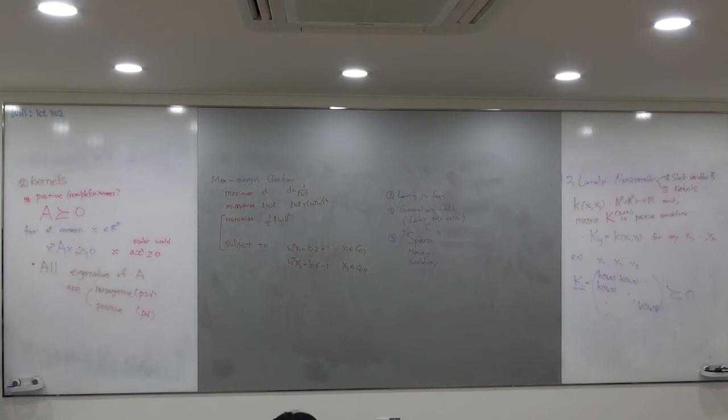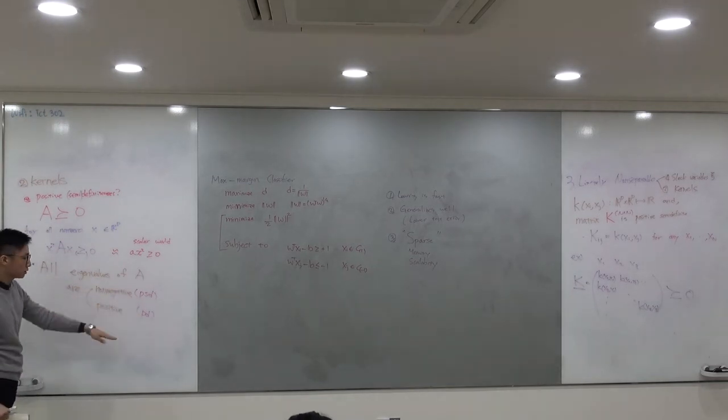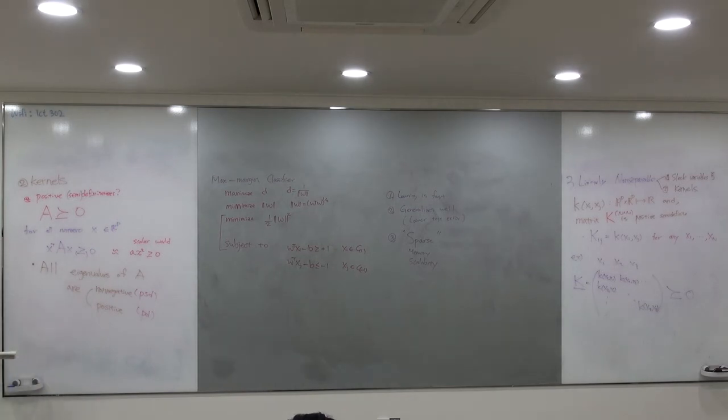One other interesting and useful property is, if A is positive semi-definite, all eigenvalues of A are non-negative, and all eigenvalues are positive if it's positive definite. So these are important properties. And there are also negative definite and negative semi-definite, which can be obtained by just flipping all the inequalities in this page.